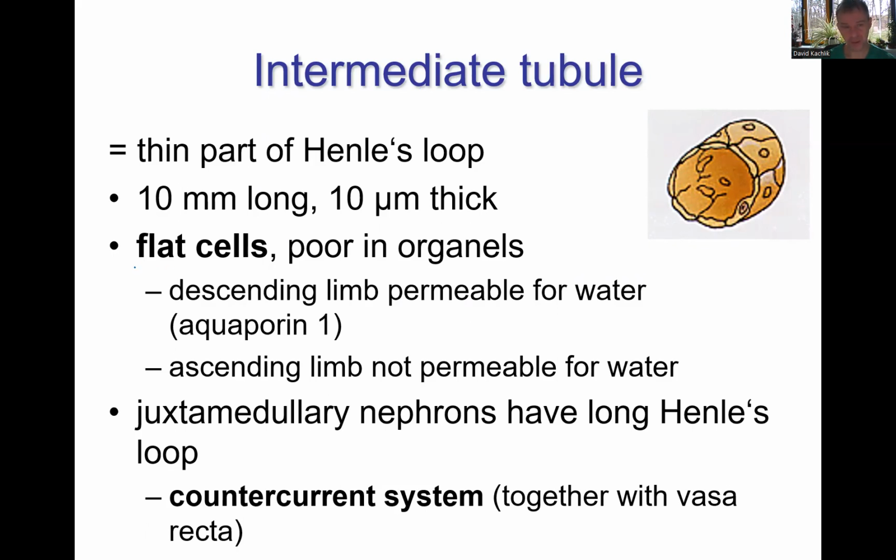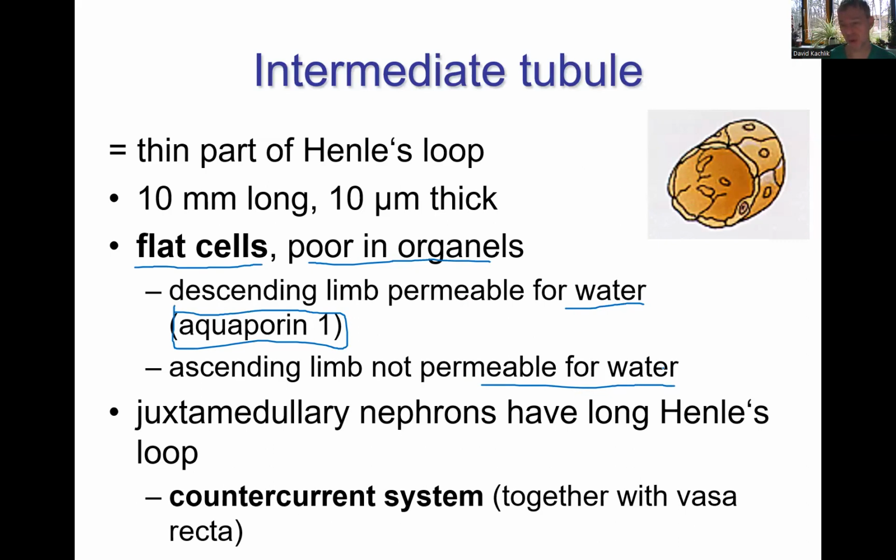The cells are flat. There are very few organelles, and it's because the descending part is permeable for water only, because we have a special channel for that, which is called aquaporin. And when it turns back and starts to ascend, it is not permeable for the water. I will explain why a bit later.